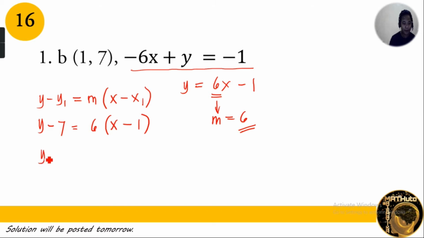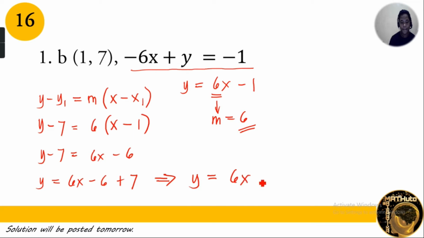Then, simplify po natin. 6 times negative 1 is negative 6. Then, we move negative 7 to the right. Then, we have y is equal to 6x minus 6 plus 7. So, we have y is equal to 6x plus 1.